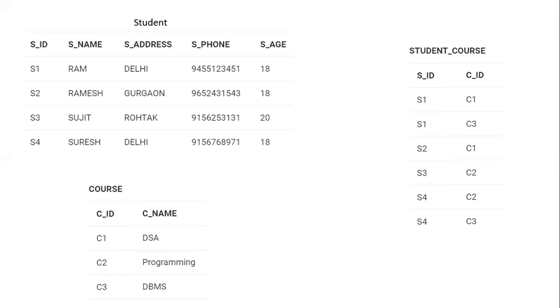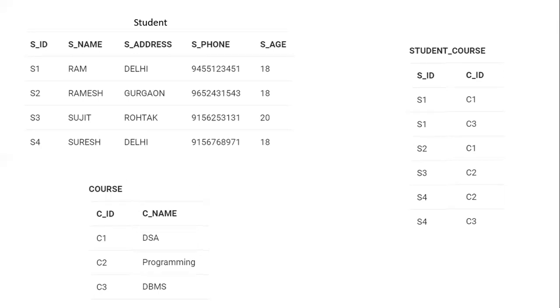Okay, so first the query which we did to the course table will be the inner query, and it will return the C1 and C3. Okay, and that set we will use in the outer query where we are selecting the student IDs having course ID is C1 and C3.